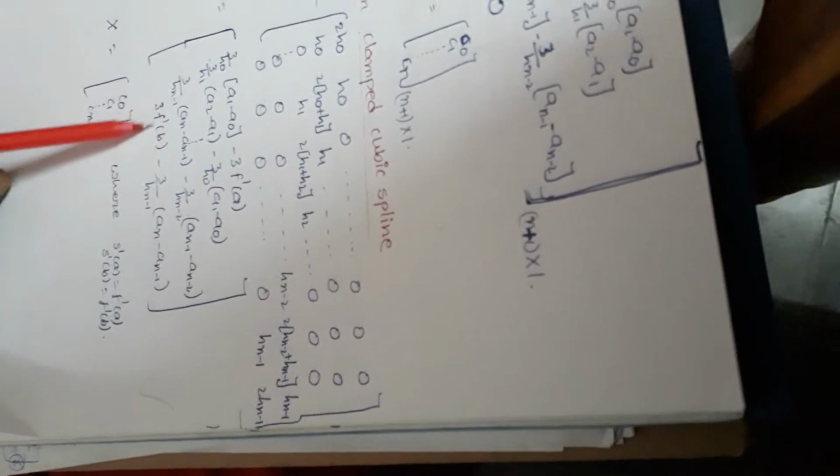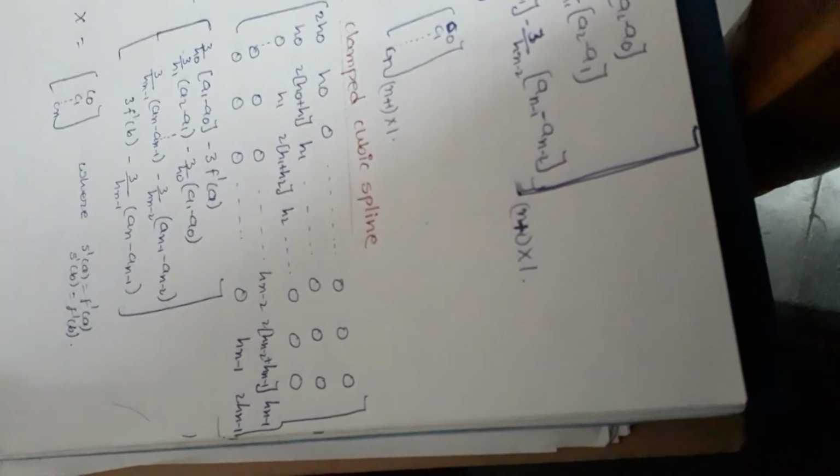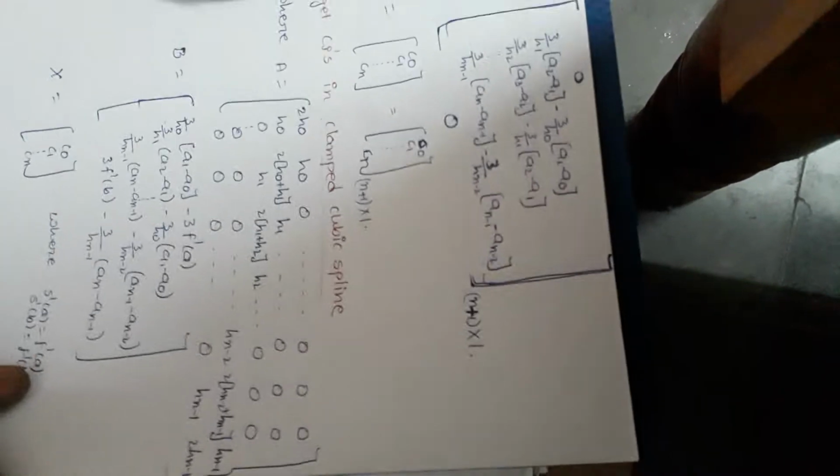So to get the clamped cubic spline we need the conditions, the first order derivatives of the cubic spline. So in the given examples we should get these values, then only we can solve it. Okay, this is the procedure.